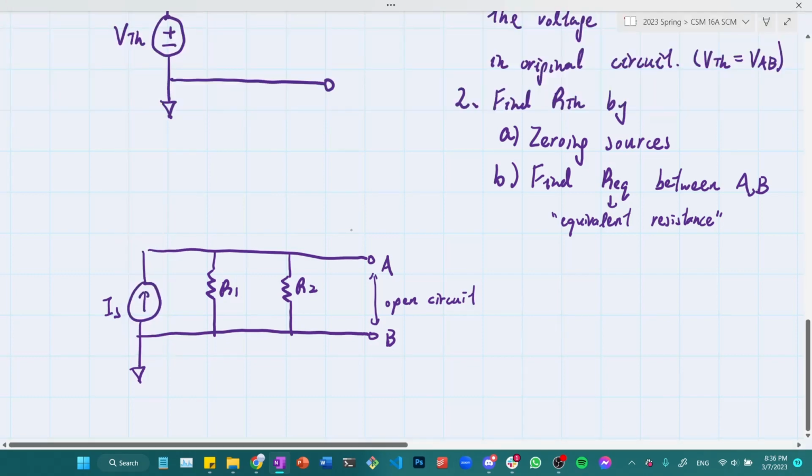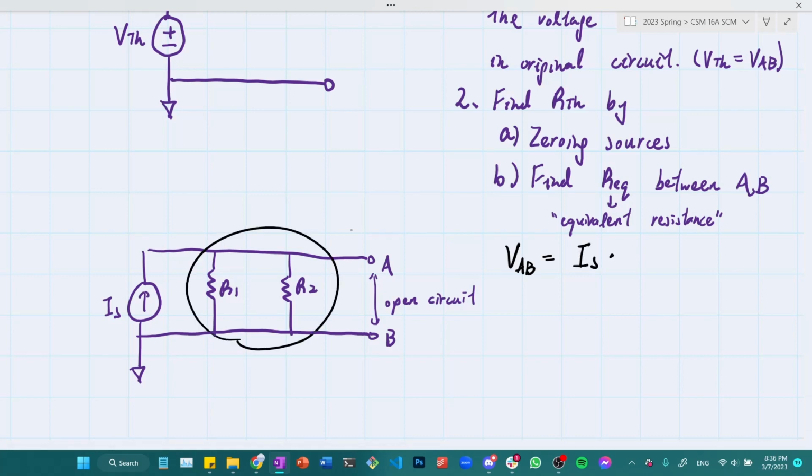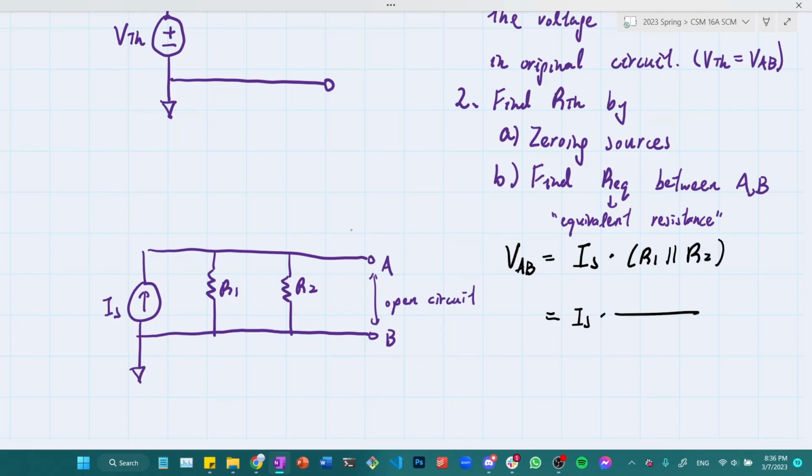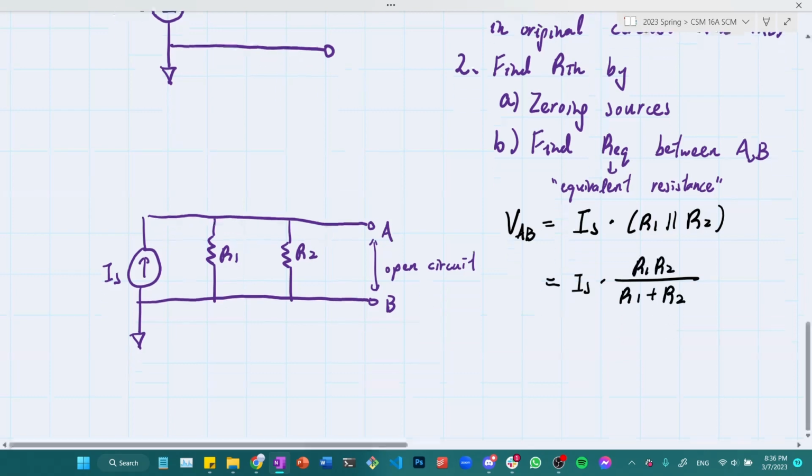So first I find that VAB is equal to, once again, Ohm's law, IS times the parallel of R1 and R2, right? So the parallel of R1 and R2, I can just write it like this, or more formally, I can write it as IS times R1 R2 over R1 plus R2, and that's just how parallel resistors can be calculated.